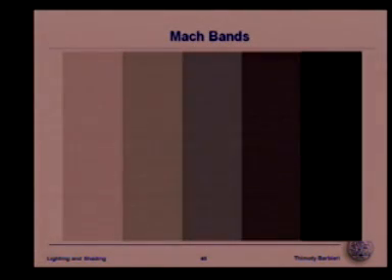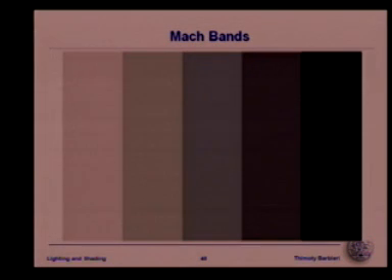So, for example, if you look at the Mach band over here, you see that here it is a little bit lighter, and here a little bit darker than the other. And the same here, and the same here. I didn't do anything to this image. It's just our eye that perceives it like that.